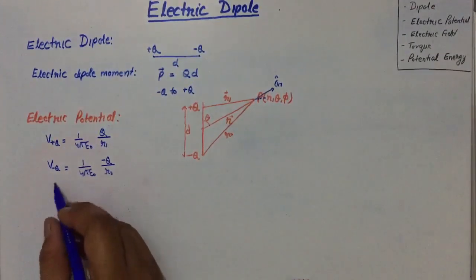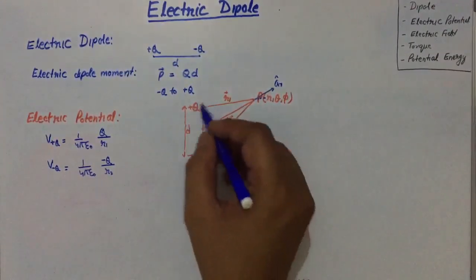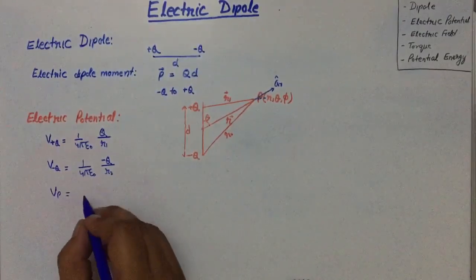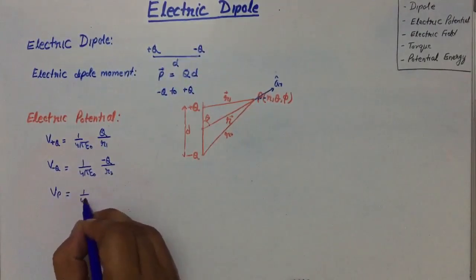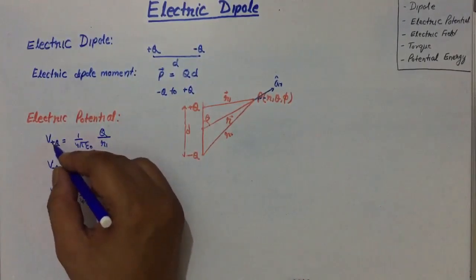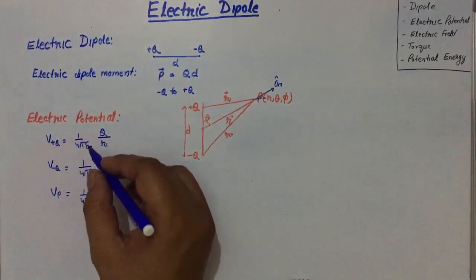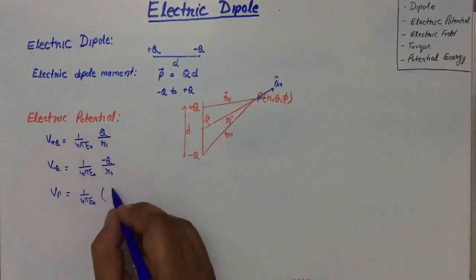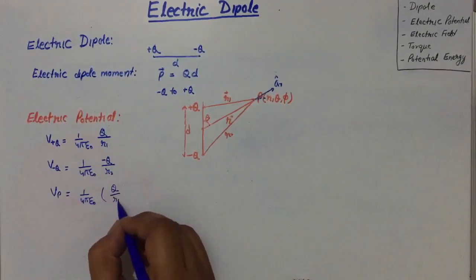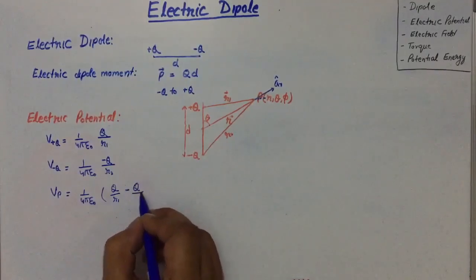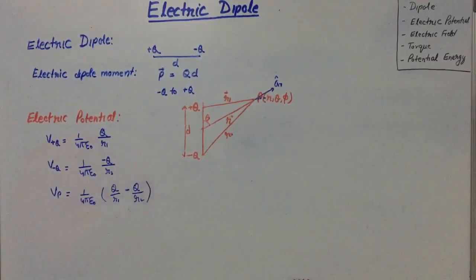Now, to find the potential due to the combination of the charges, we follow the superposition principle. V equals 1 by 4 pi epsilon naught times the sum of these two, Q by r1 minus Q by r2.